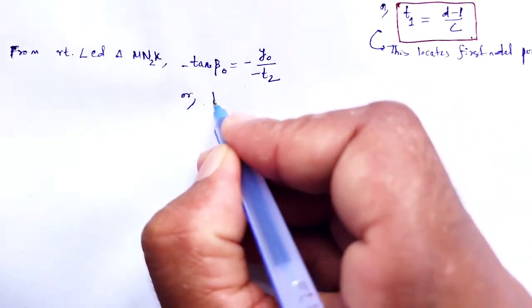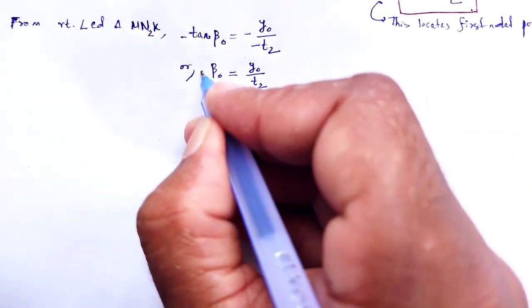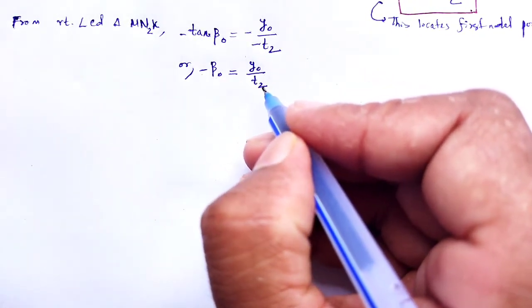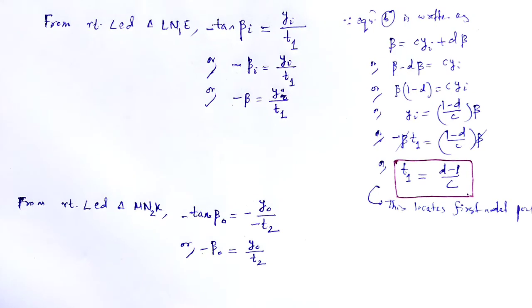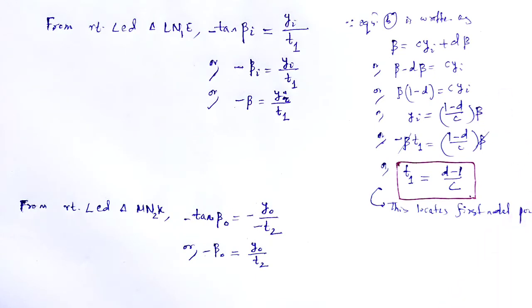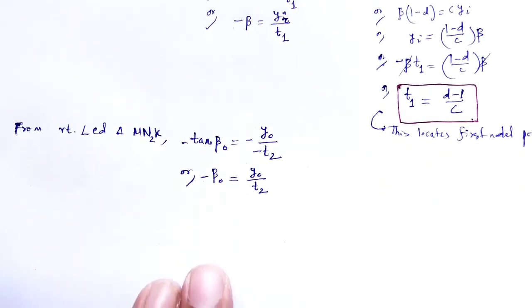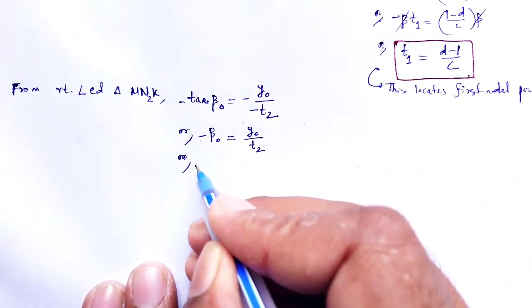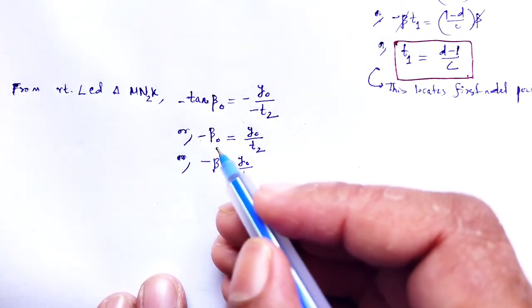For paraxial rays it is nearly equal to beta naught, y naught by T2, that is minus y naught by T2, which is equal to minus beta is equal to y naught by T2, as beta I is equal to beta O is equal to beta.